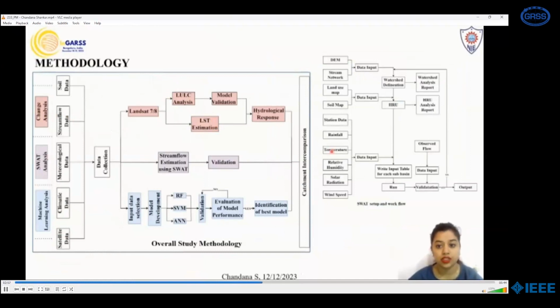SWAT analysis was carried out with hydrological, climatic and station data as input parameters, to delineate the watershed and sub-basins and create HRUs to obtain the flow, and to compare the observed flow with the obtained flow and validate it. Furthermore, for the machine learning algorithms, the R programming language was utilized for RF, SVM and ANN, and for the evaluation and intercomparison of those models.